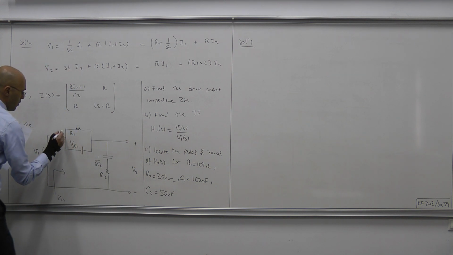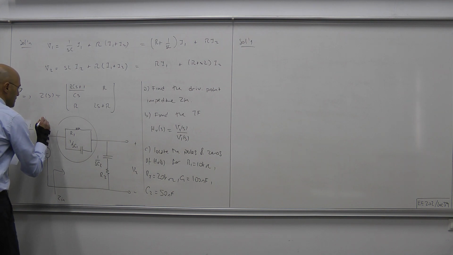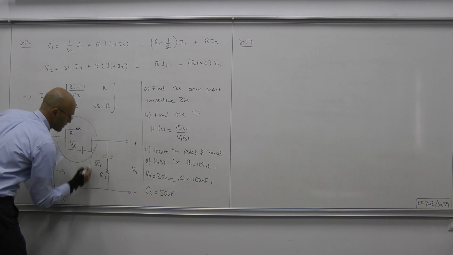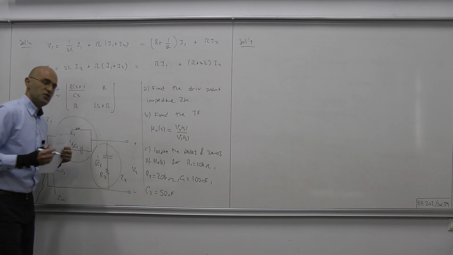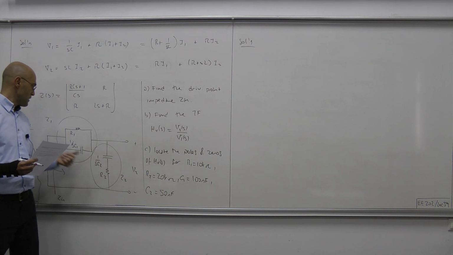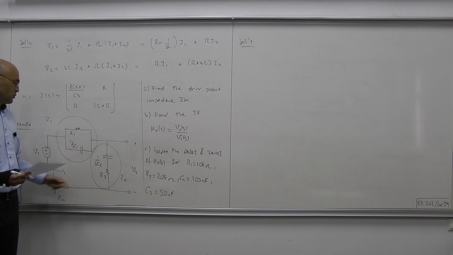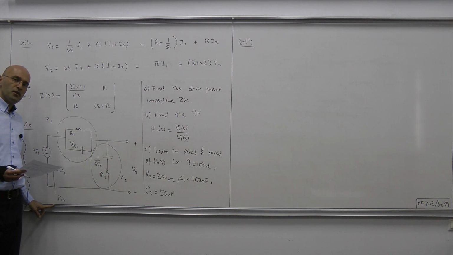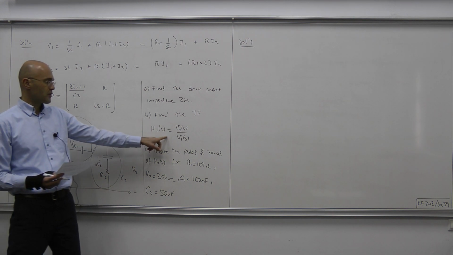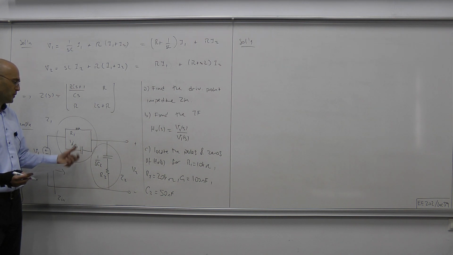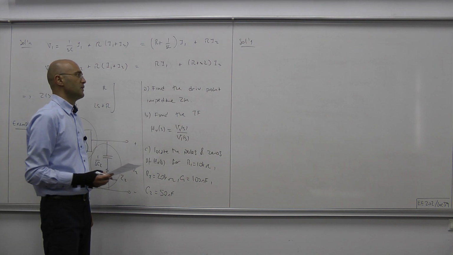Now, let's call this parallel connection of the resistor and capacitor Z1, and let's call this series connection Z2. Once we have Z1 and Z2, the input impedance, driving point impedance, simply is Z1 plus Z2, and the transfer function can be computed through voltage division, which is Z2 over the driving point impedance.